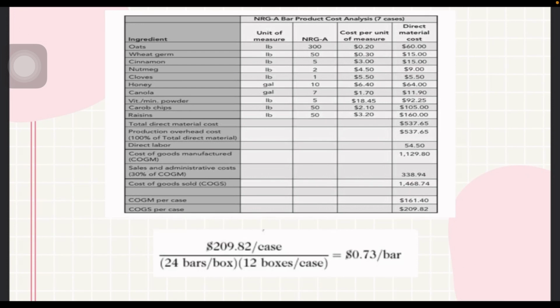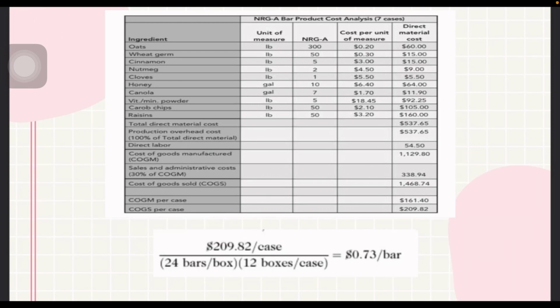For a 500-pound batch, applying the production overhead rate of 100% to this direct material cost gives a production overhead cost equal to direct material cost, or $537.65.